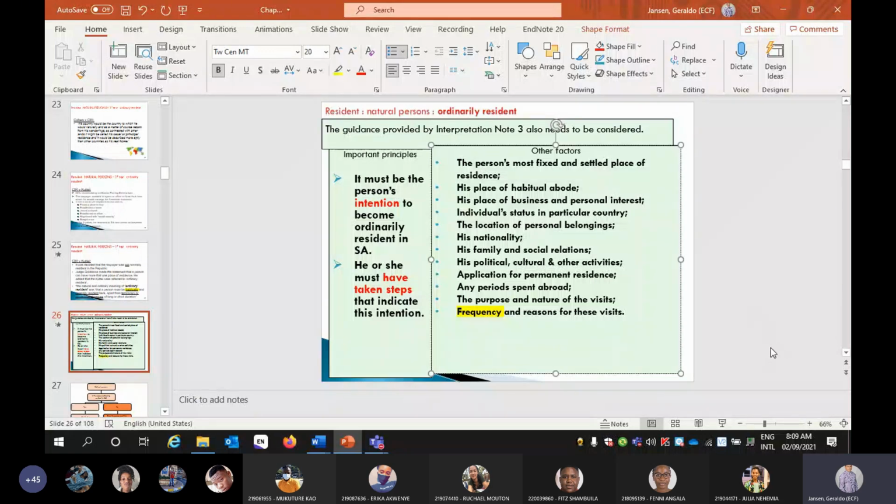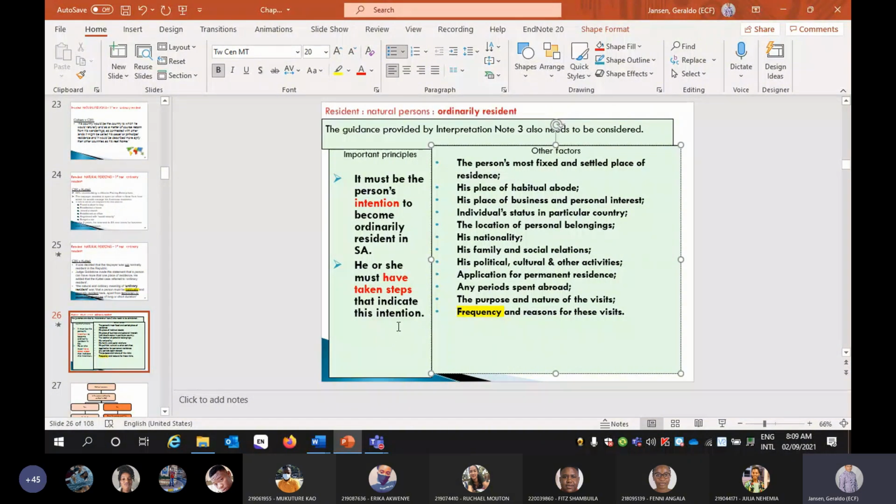Obviously, one of these factors is not enough for you to decide that someone is an ordinary resident. So guys, we need to look at the intention. We need to look at what steps have you taken that indicate this intention, and then we can even look at some other factors. Now guys, that was with regard to ordinary resident.